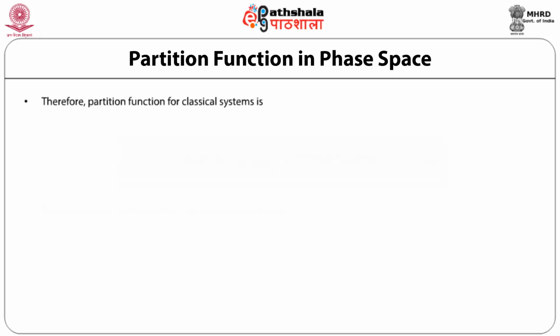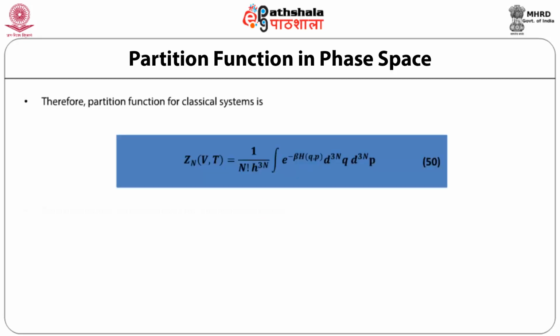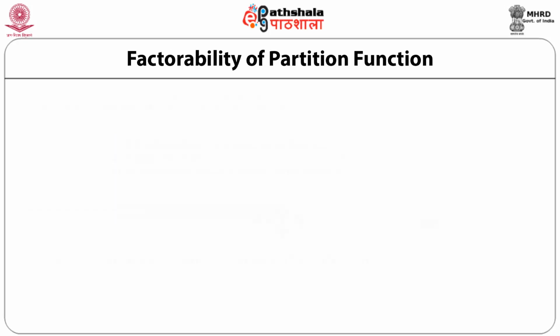Therefore, the partition function for the classical system is Z_N as a function of V and T, equal to 1 upon N! h^(3N) times the integral of e raised to the power minus βH as a function of (q,p), over d³q d³p, with integration extending over the whole phase space.